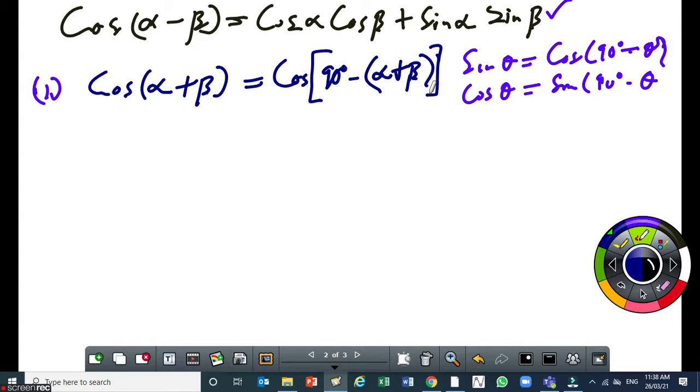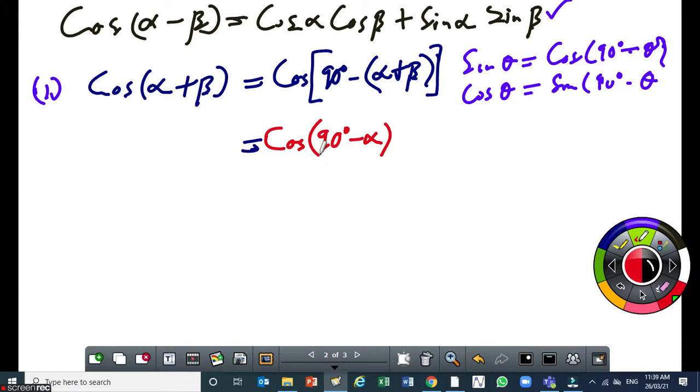Okay? In the next step, let me use this color. The next step now, make sure you look carefully. I now need to separate this in such a way that I can create this cos alpha, the cos beta, the sine alpha, and the sine beta. To do that, I'm going to remove brackets and write it as cos 90 degrees minus alpha. Then I'll close them. Right? So this is the first angle, which is like this alpha here.